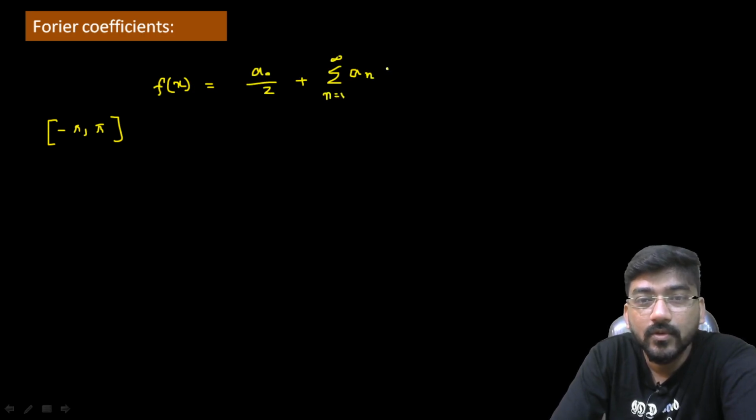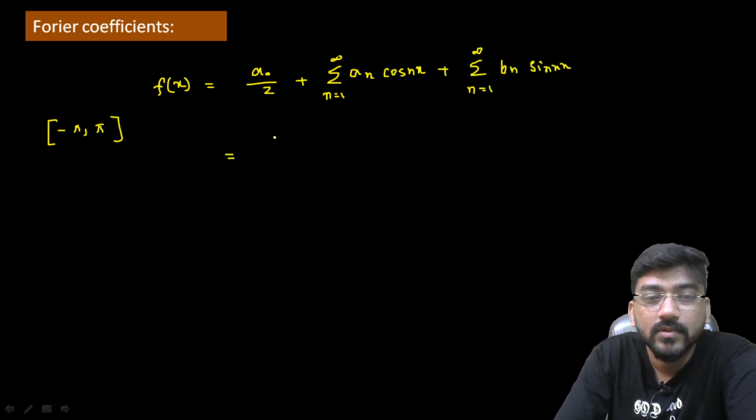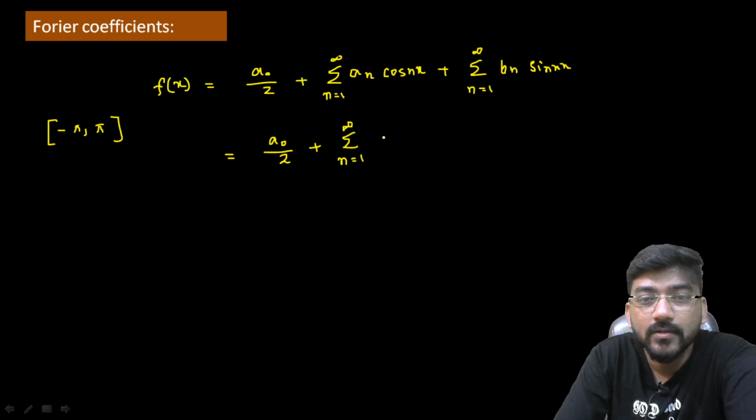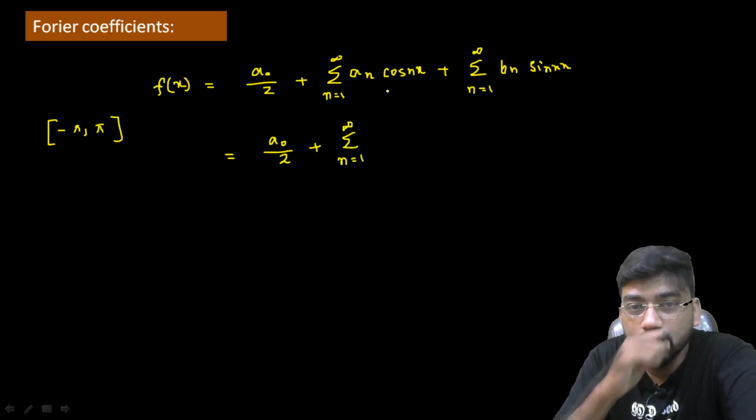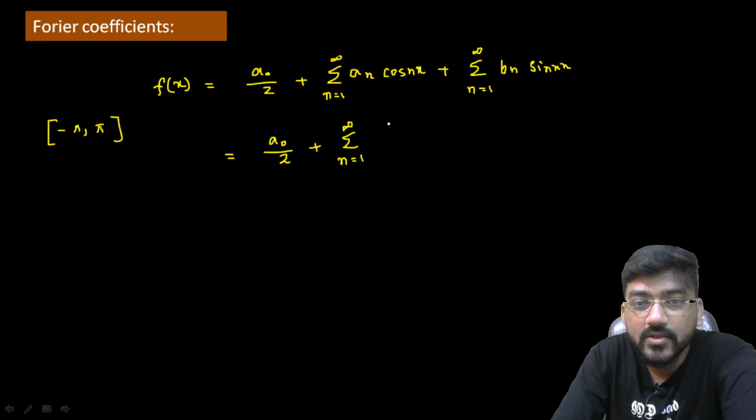an cos nx plus summation n equal to 1 to infinity bn sin nx, or you can write it in this way also: a0 by 2 plus summation n is equal to 1 to infinity, you can take common, an cos nx plus bn sin nx.